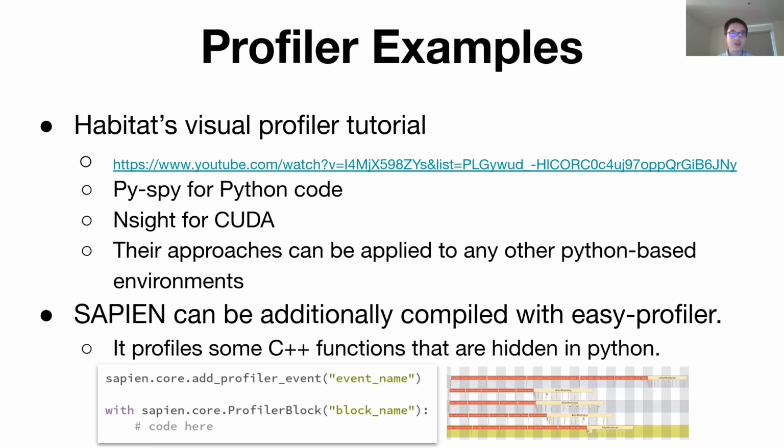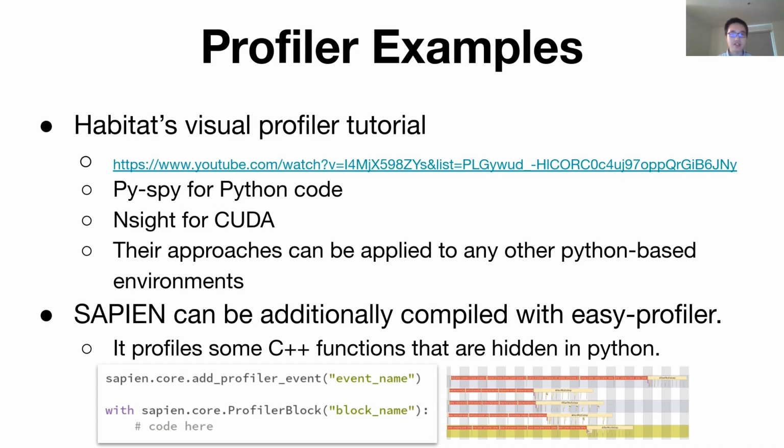So for this tutorial, I'm not going to show a detailed walkthrough of some profiler, but here I've provided a link to a very good tutorial on the visual profiler provided by the Habitat environment. And they use py-spy for the Python code profiling and NVIDIA's Nsight for CUDA profiling.